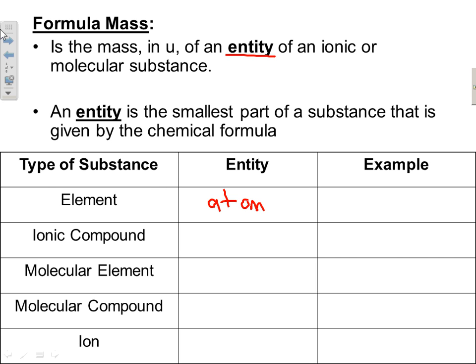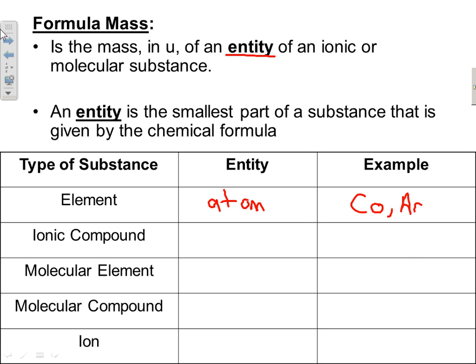Cobalt atoms are the smallest pieces that make up cobalt. An example, well, I might as well use cobalt, Co. Or anything else other than these guys in red, not including the noble gases. The noble gases are elements as well. Maybe I'll put one of those in there. Ar, argon atoms, or any of the noble gases.